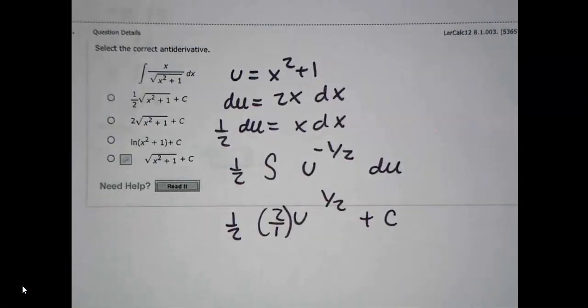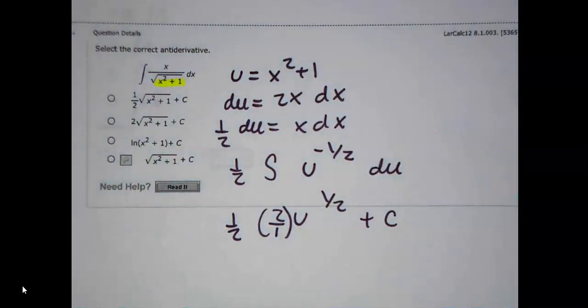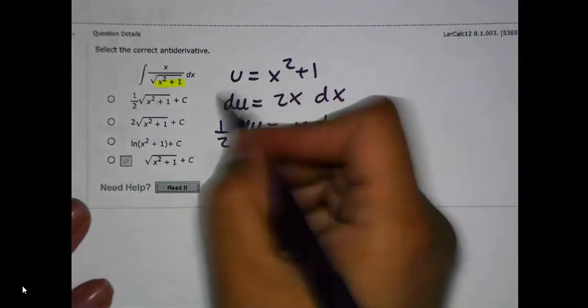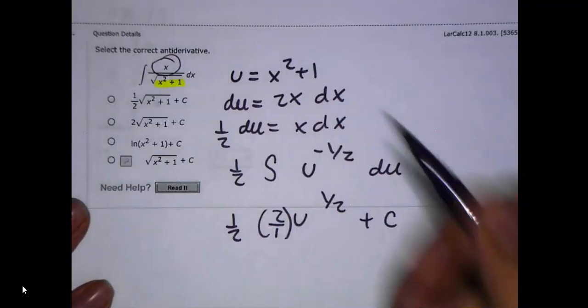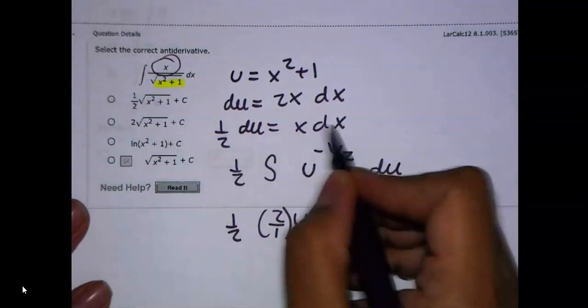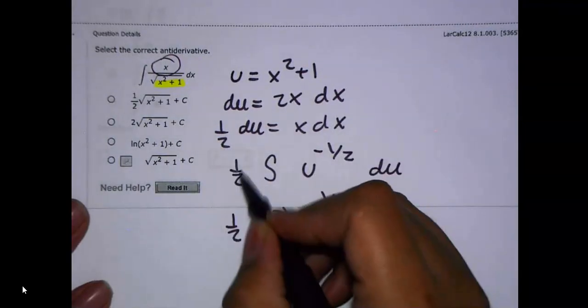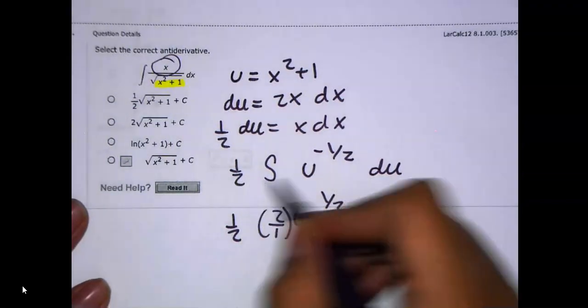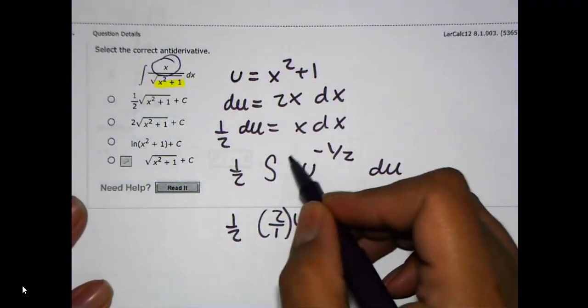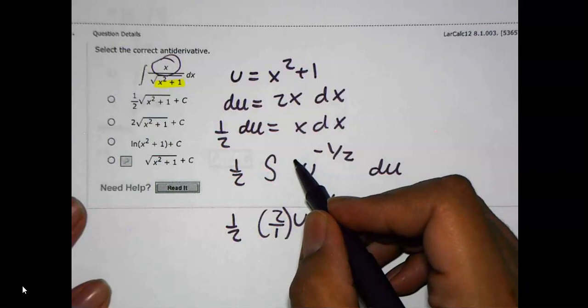On this one, I let the inside of the root be u. So in this case, we have u equals x squared plus 1. The derivative of that will be 2x dx. We do have the x in the numerator, but we do not have the 2, so I'm going to divide it on the other side. We're going to have 1/2 on the outside. I'm going to write the square root as the power 1/2.